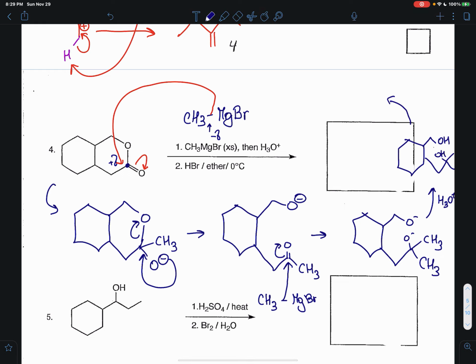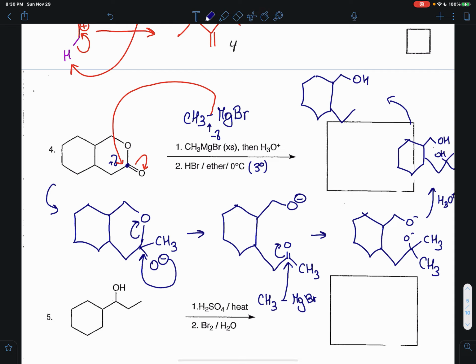So the last step is going to be HBr, ethane at 0 degrees Celsius. As you remember, this reaction goes from an OH to a Br, but this reaction only works for tertiary alcohols. It won't work for secondary, it won't work for primary. Just keep that in mind, that's really important. So you're going to end up with that, and there is an OH here.